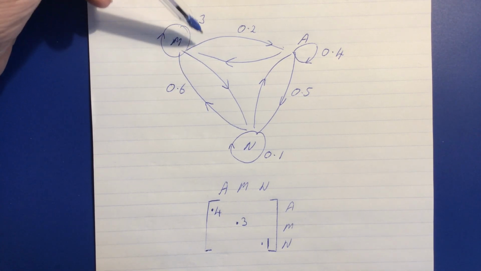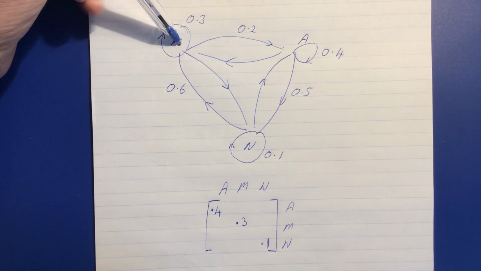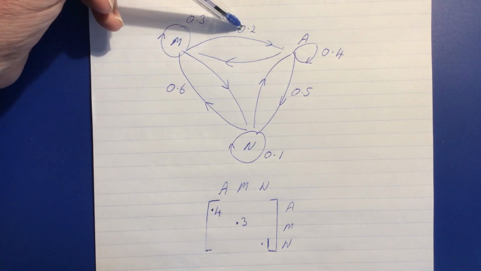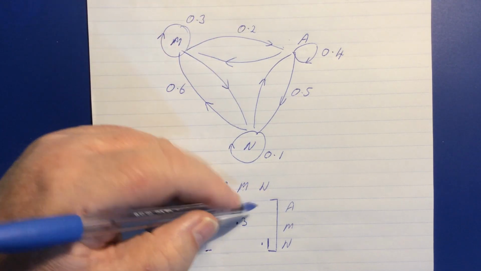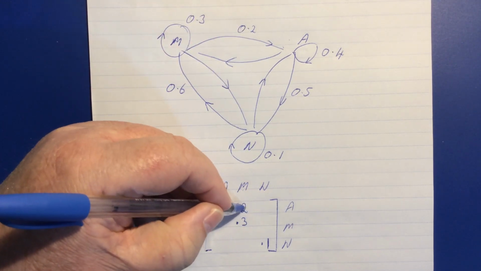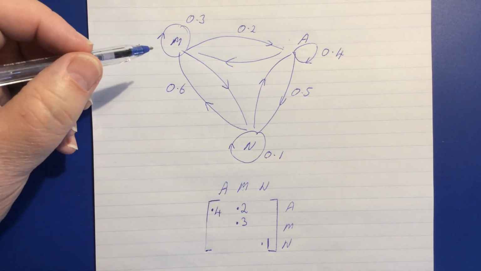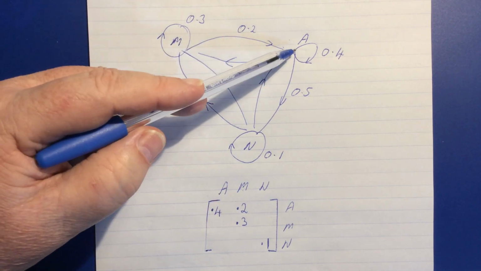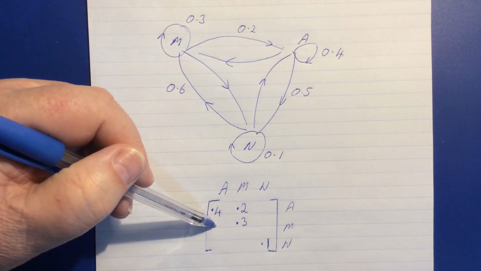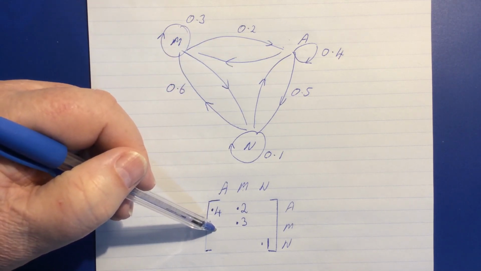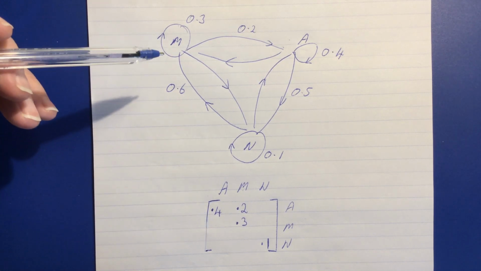Well, we know that from M to A, 20% or 0.2 move. So M to A, that is 0.2. We don't, at this stage, know about A to M. So A to M down here, we don't know about that yet, but we'll get there.